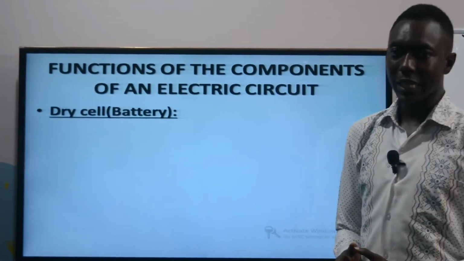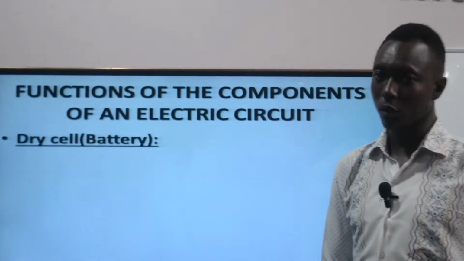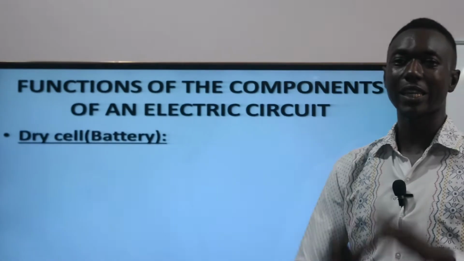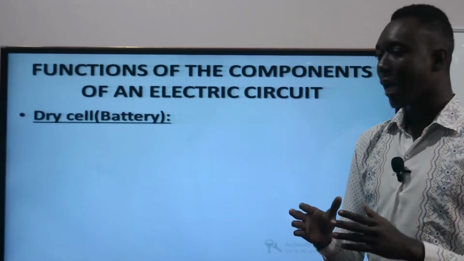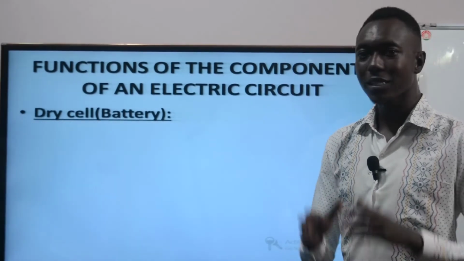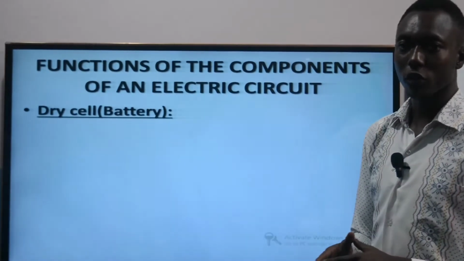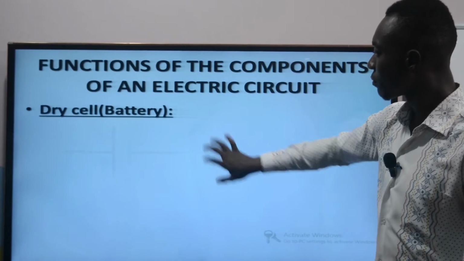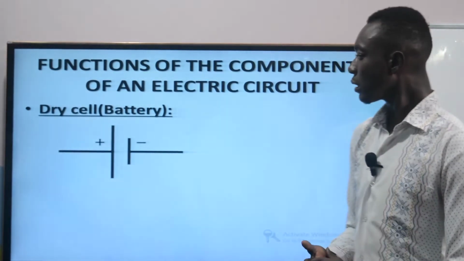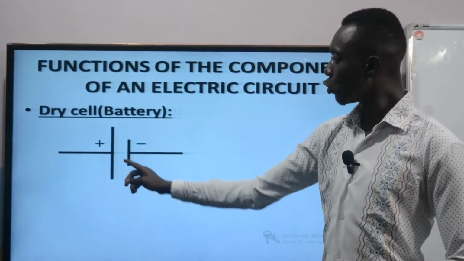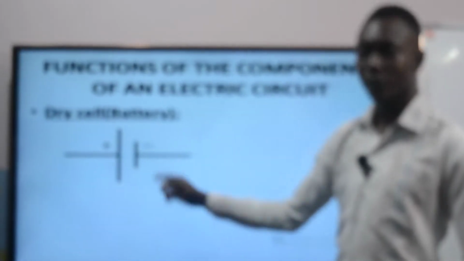Every component has its own symbol. Take note of that. We call it the schematic symbol of each component. Let us look at the symbol for dry cell. This is how it looks. Now, if you look closely, you will see positive and negative.